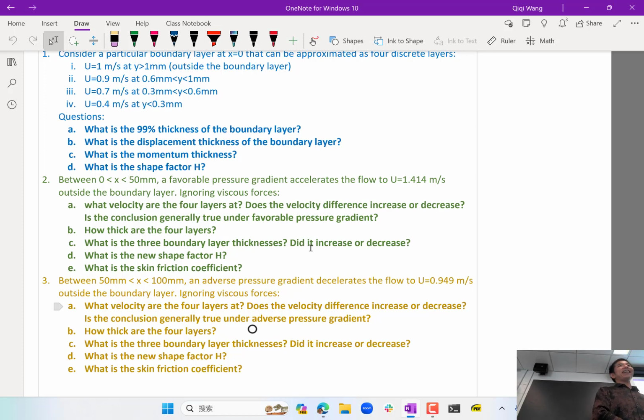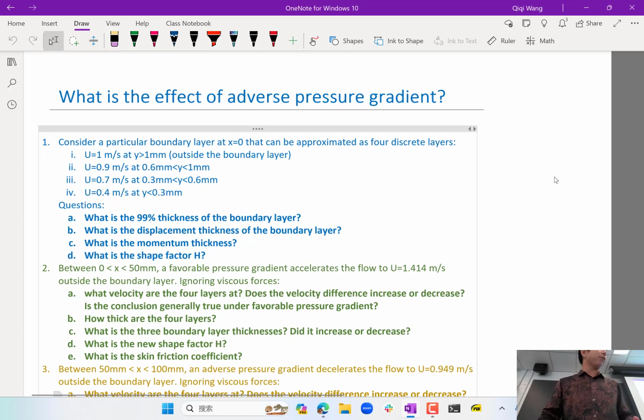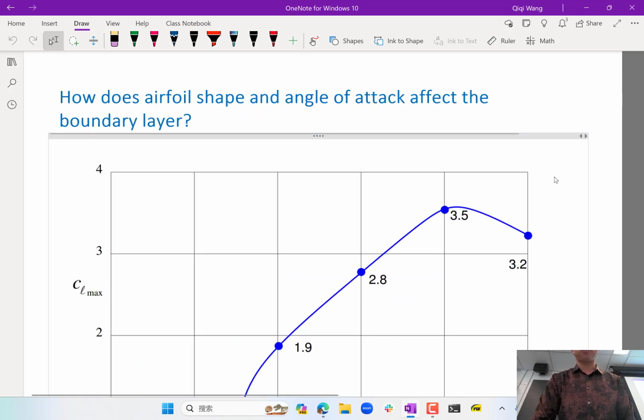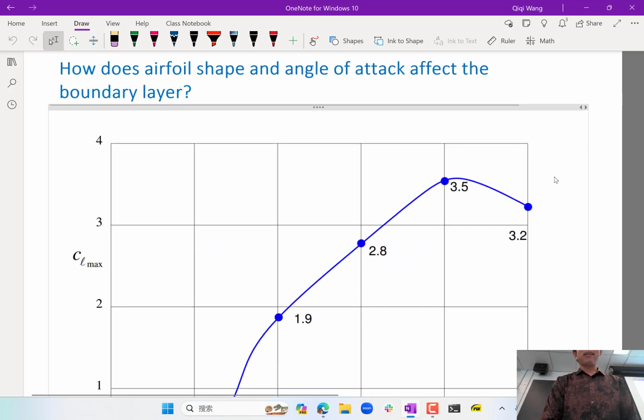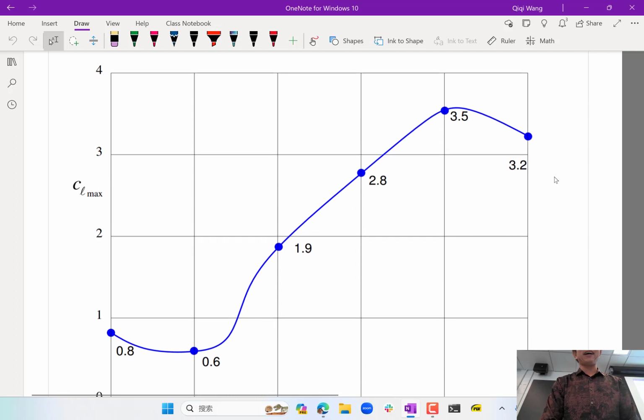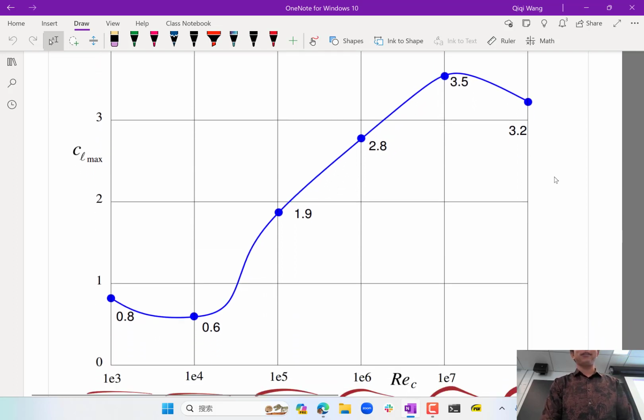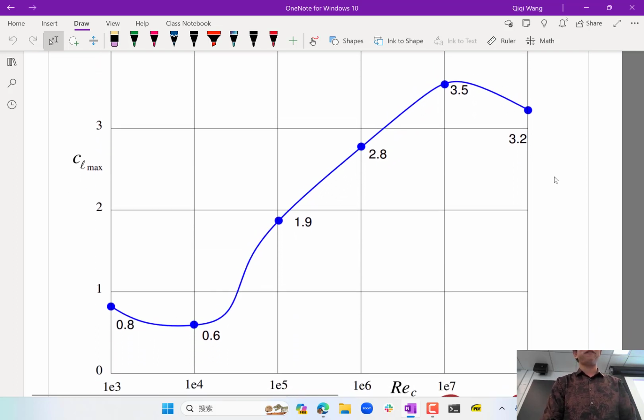All right, okay. So this is how boundary layers respond to pressure gradients, and in the next lecture we're going to apply this knowledge to airfoils and see how airfoils stall. There are some particular trends. What do you think airfoils at different Reynolds numbers can achieve in terms of their CLmax?